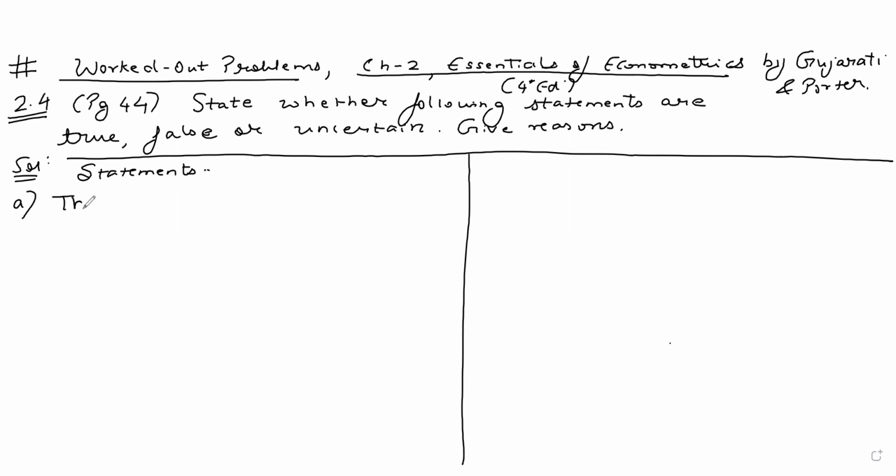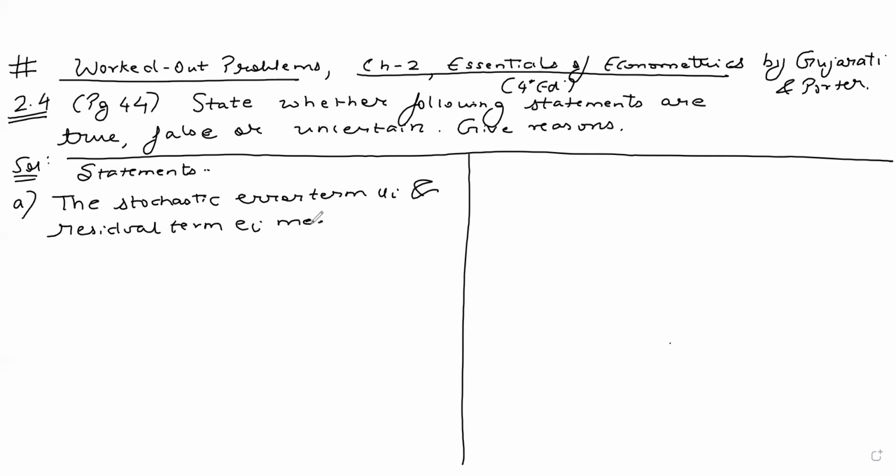The stochastic error term ui and the residual term ei mean the same thing. Okay, and we are going to write the answers here.